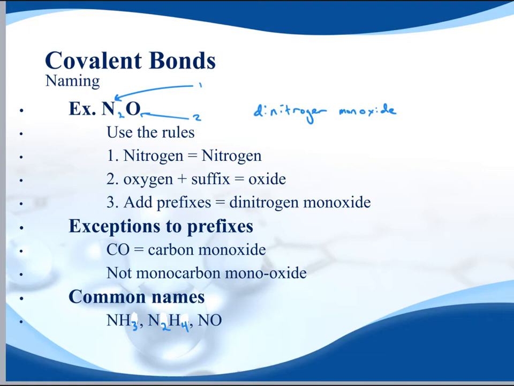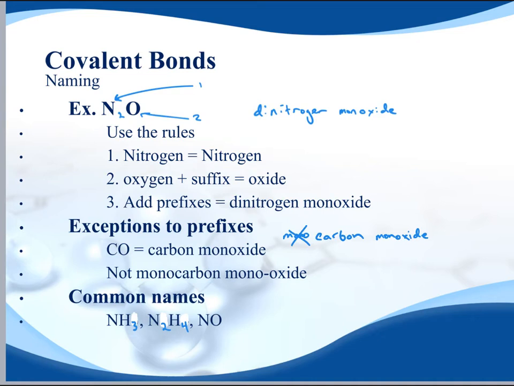There are a couple of small things just to be mindful of. The first one is this example here, CO. If we name the first element carbon and the second one oxygen becoming oxide, you'd be tempted to put monocarbon monoxide. We do not put mono in front of the first element.